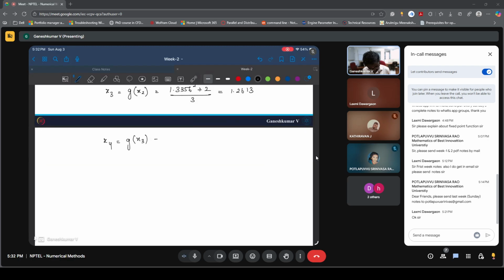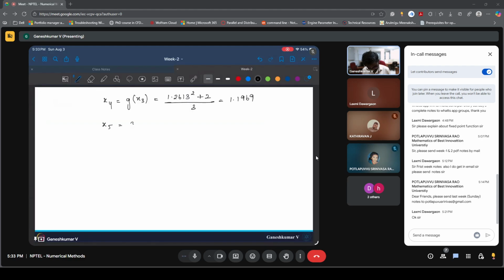Let me give it a try, another 3 iterations. 1.2613 square plus 2 divided by 3 gives 1.1969. x5 is g of x4, 1.1969 square plus 2 by 3 gives 1.1442. x6 is g of x5, 1.1442 square plus 2 by 3 gives 1.103.